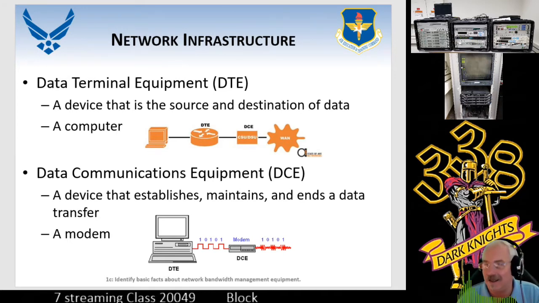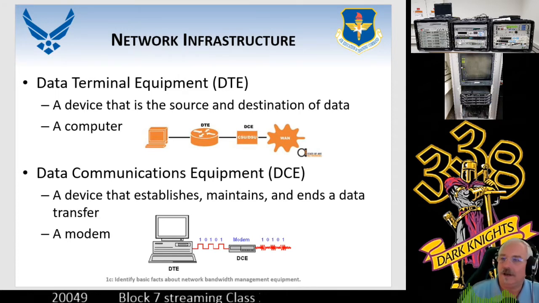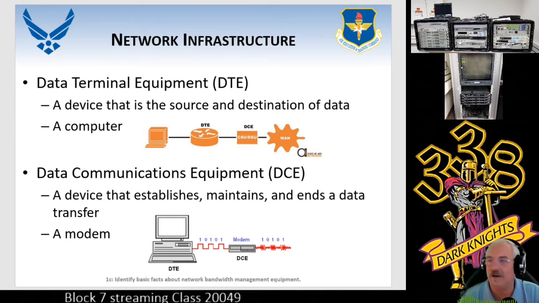So what is a DTE? Well, it's a data terminal equipment. It is the source and destination of a computer facsimile thereof. So your computer is that source by transmitting out to the distant end, and it is the destination for anything that comes back in. That's a DTE.